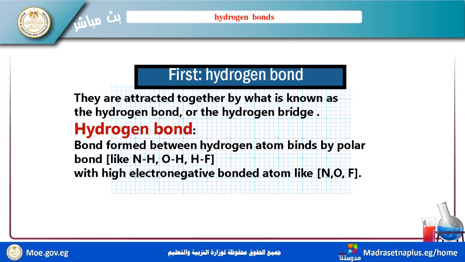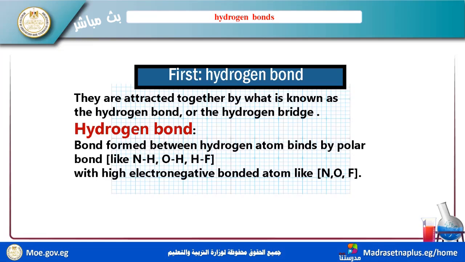Hydrogen bonds form between hydrogen atoms bound by a polar bond like N-H, O-H, H-F. What about S and H? No, there's no hydrogen bond, because the difference in electronegativity is very low.